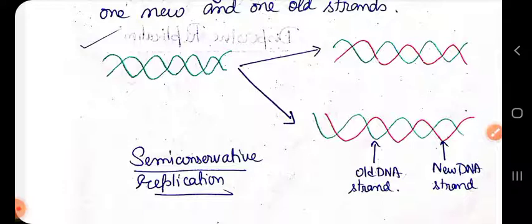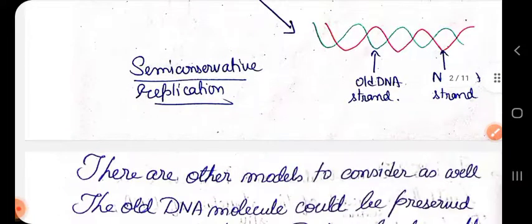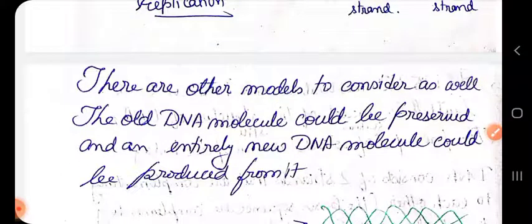But scientists debated that DNA can replicate in other ways also. What are the other ways? There are other models to consider as well. The old DNA molecule can be preserved and an entirely new DNA molecule produced from it, just like a Xerox machine.